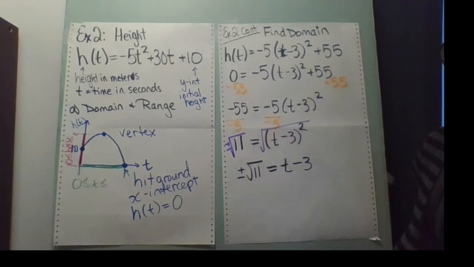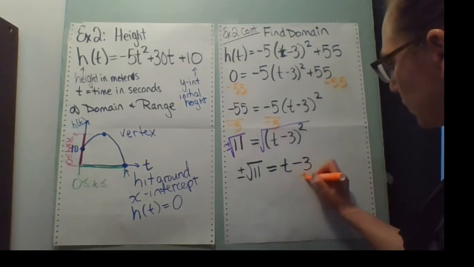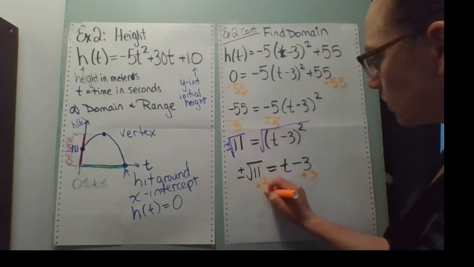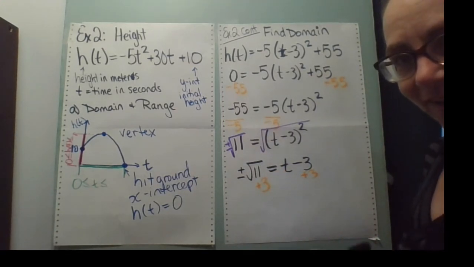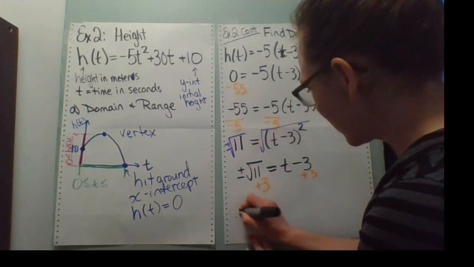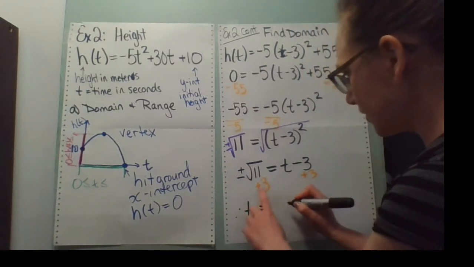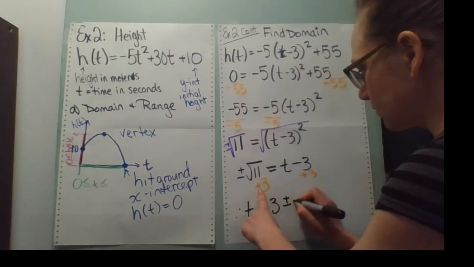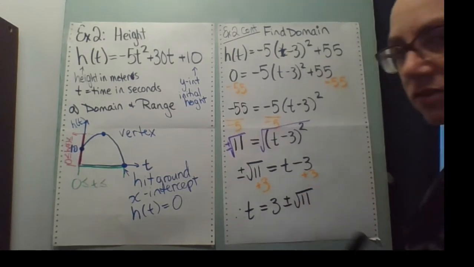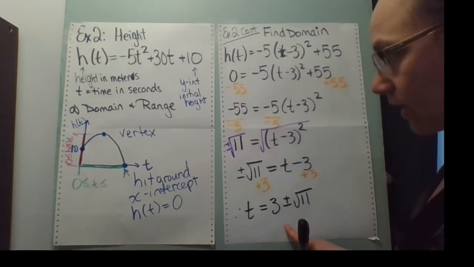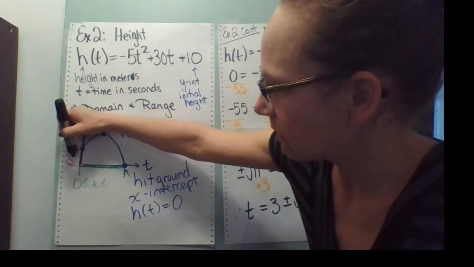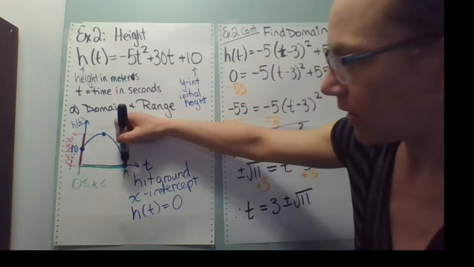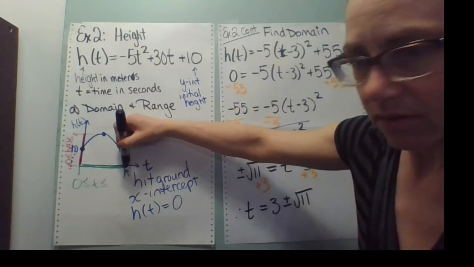Move the 3 to the other side, so instead of minusing, we're going to do plus 3 to both sides. And look at that! New skill, new trick. Therefore, time equals 3 plus or minus root 11. So I get 2 answers, and that's fine. My negative would be like the back in time over here, and the positive is going to be when it lands on the ground there.